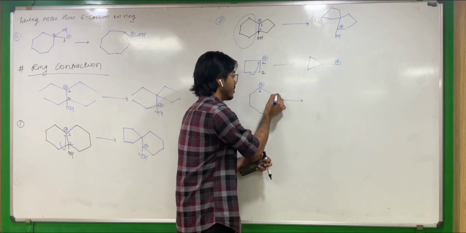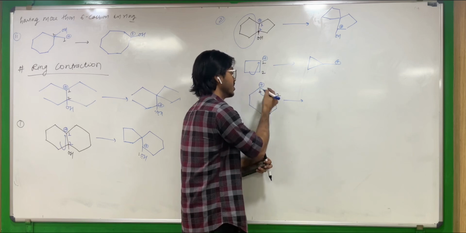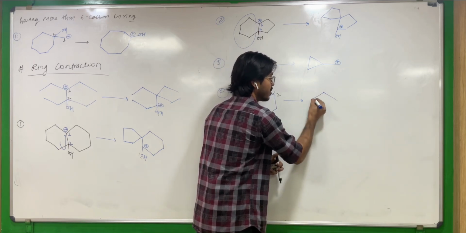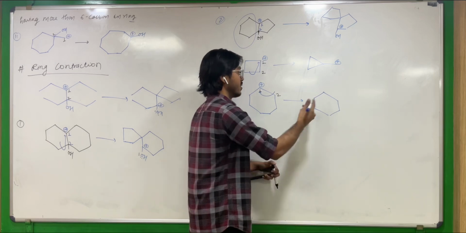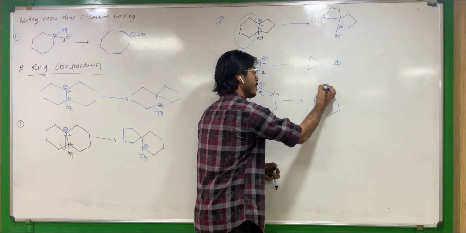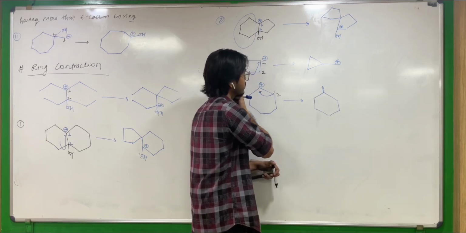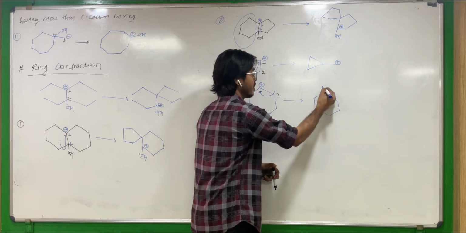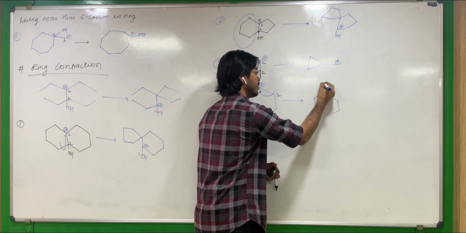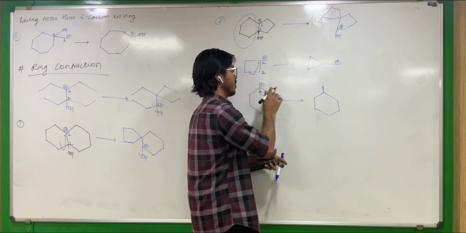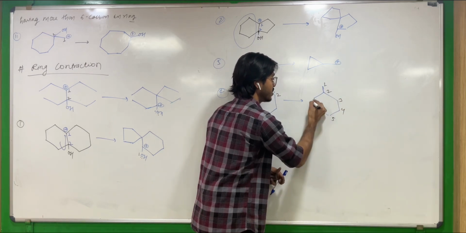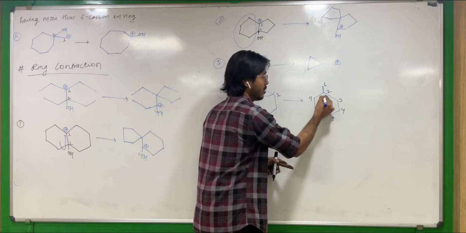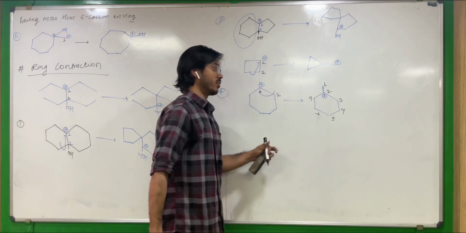So this bond will shift here, a 6-member ring will form, and positive will come on carbon number 2. So this is carbon number 1, 2, 1, 2, 3, 4, 5, 6, 7. So positive charge will come on carbon number 2. So this is the product.